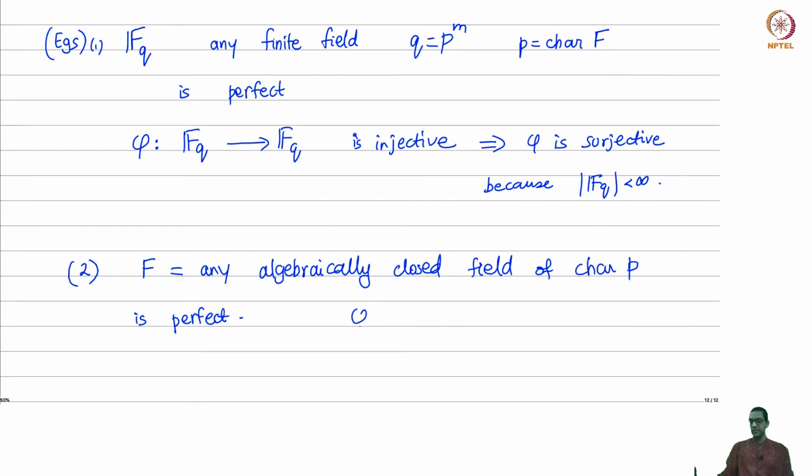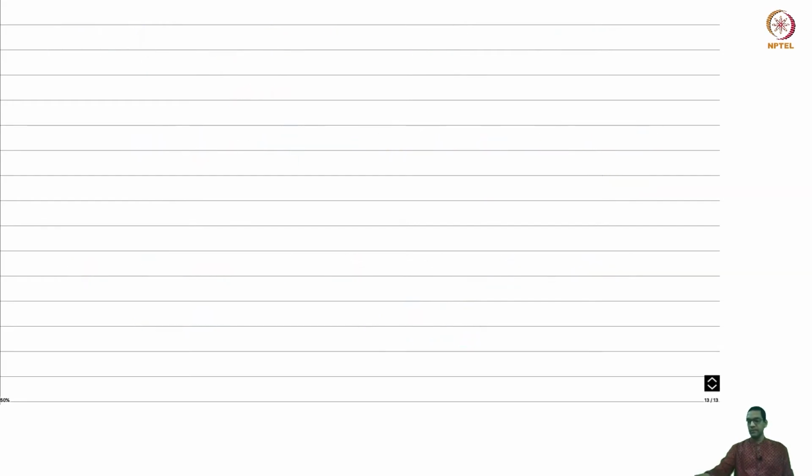Well, this time the reason is slightly different. So let's look at the map phi from F to F, which is every element going to a power p, and we want to claim that this map is surjective. Well, what does that mean? Take any element of F, let b in F. The claim is that there exists an element a in F such that a power p will give me this element b.